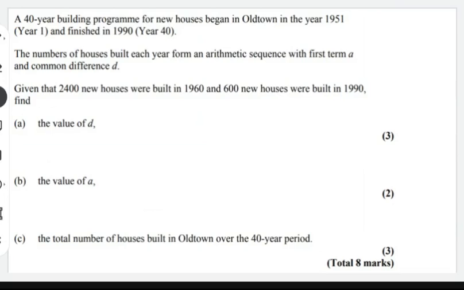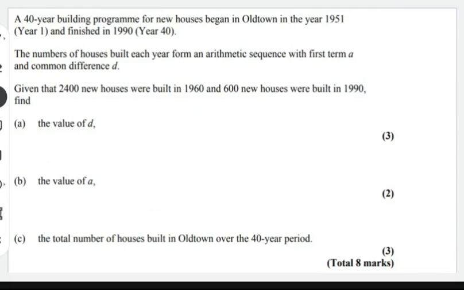Which values would we put into here? We don't have A. We want to work out D. The formula is a plus n minus 1 d. We know what n is because it's the number of the year, so we substitute that in, and we put that equal to 2,400.